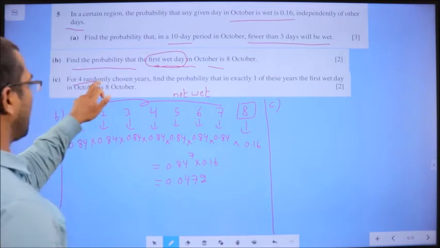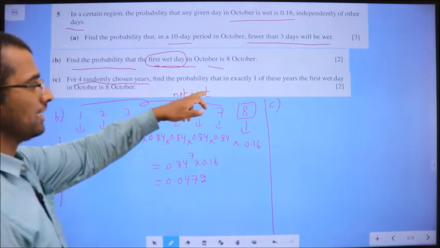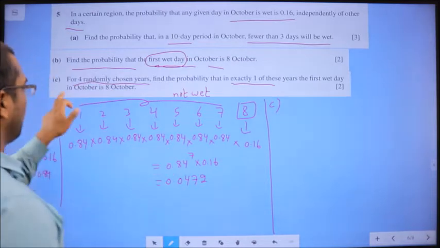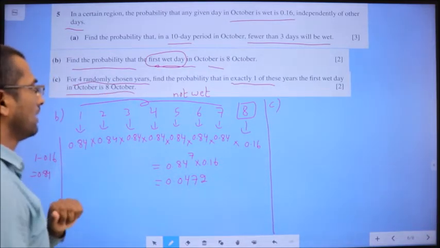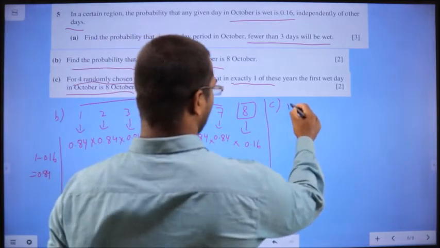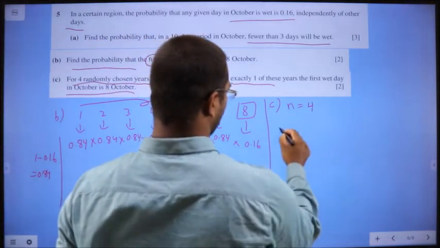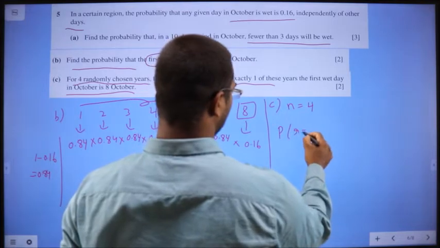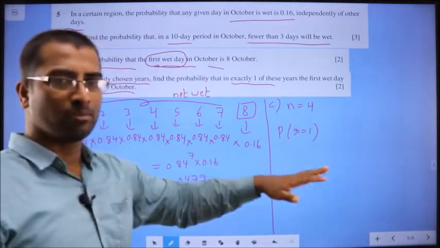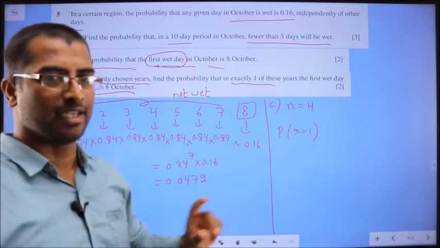For 4 randomly chosen years, find the probability that exactly one of these years, the first wet day in October is 8th October. That means n is 4. I need to find P of R equal to 1. Exactly 1, so I took R to be 1 without any inequality sign.